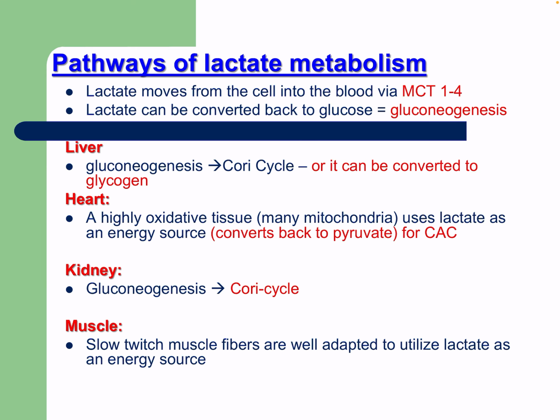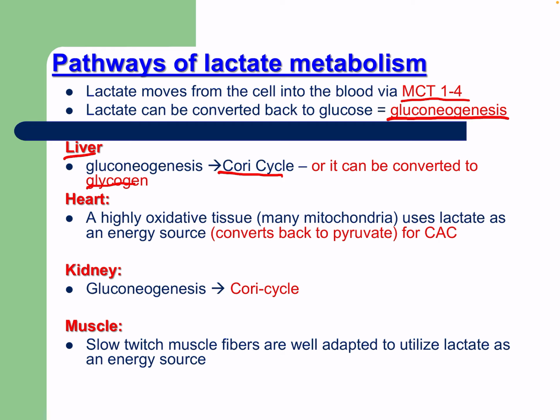So, the pathways of lactate metabolism. Lactate moves from the cell into the blood via MCT 1 to 4. This is essentially a lactate carrier. Lactate can be converted back to glucose through gluconeogenesis. In the liver, gluconeogenesis is through the Cori cycle, or it can be converted to glycogen if it needs to be stored, if we restore our energy profile.